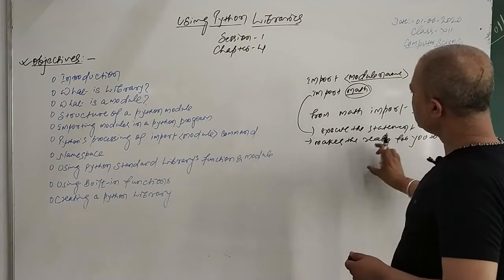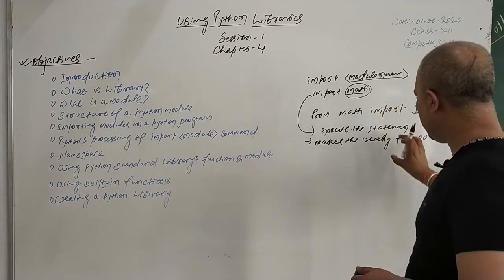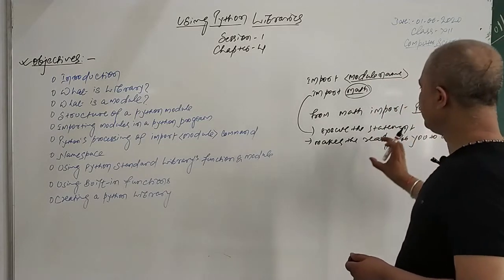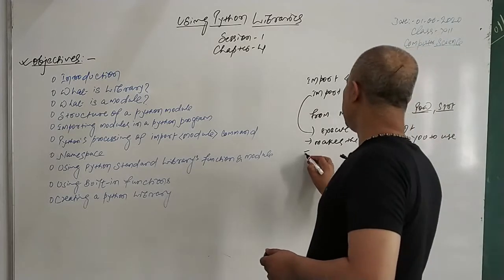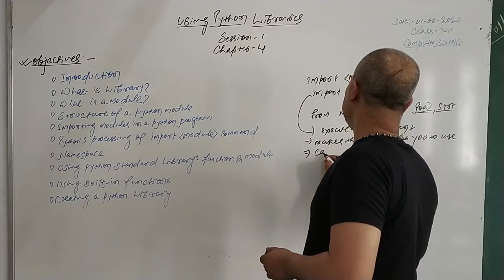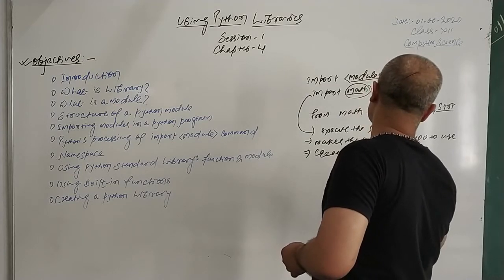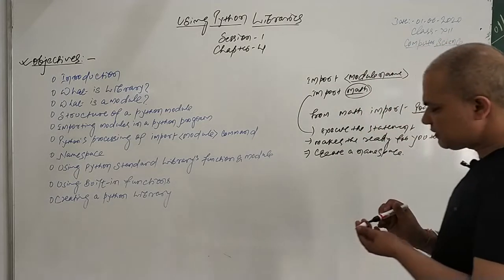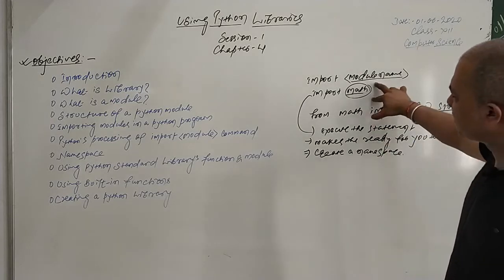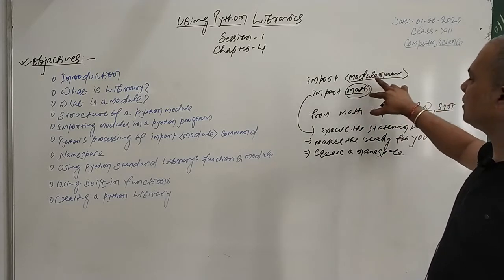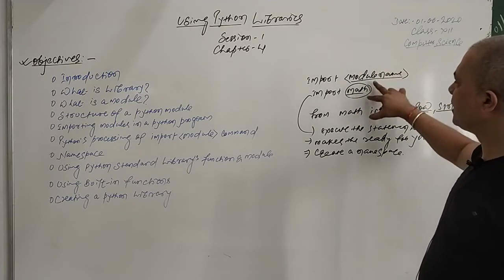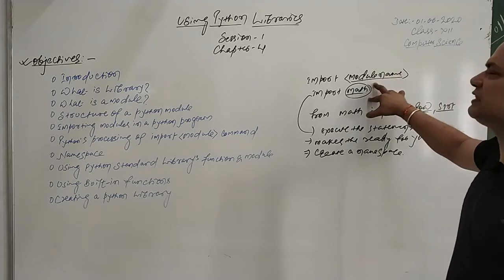It means all the functions of that module are ready to be used in your program. That is the second step. And third is create a namespace. These are the three things that happen the moment a Python interpreter comes across any import statement for an entire module.